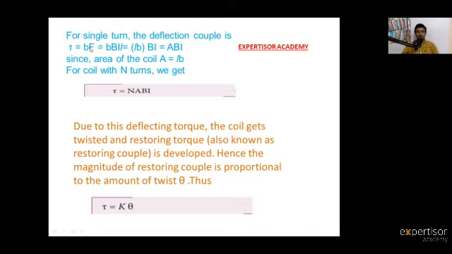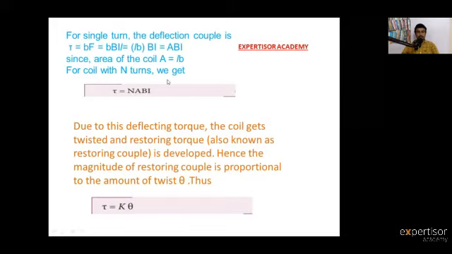For F, that is equal to B I L: magnetic field, current, and length of the conductor. Converting L into B as the area, tau is equal to the area of the coil, magnetic field, and current. Here A is equal to length into breadth.